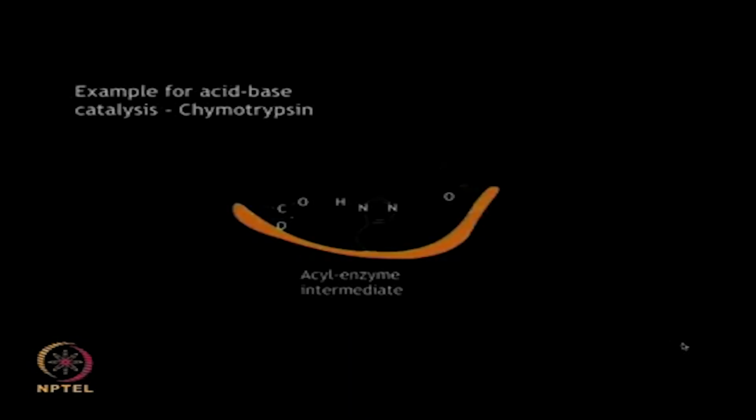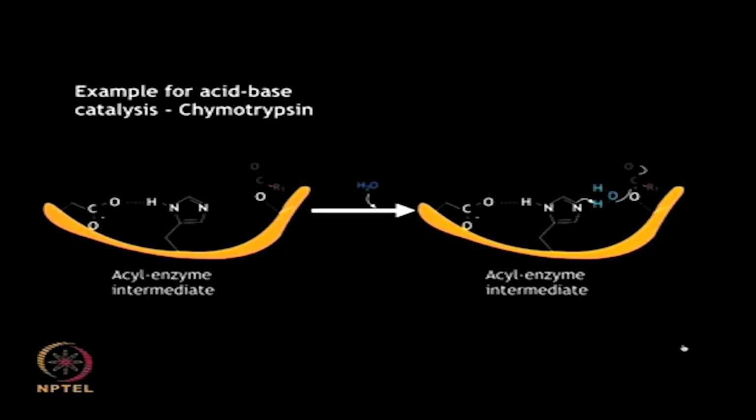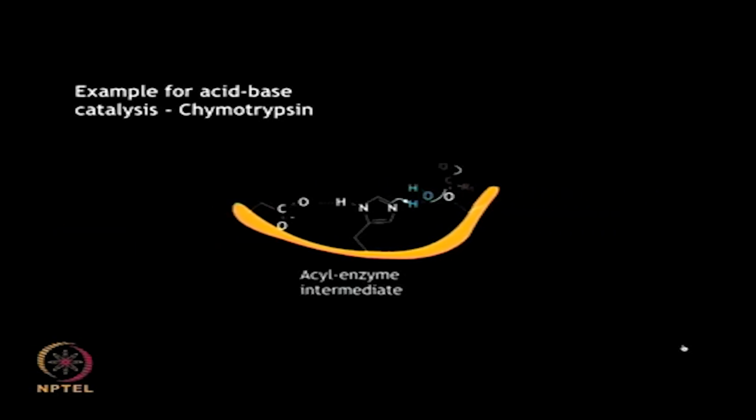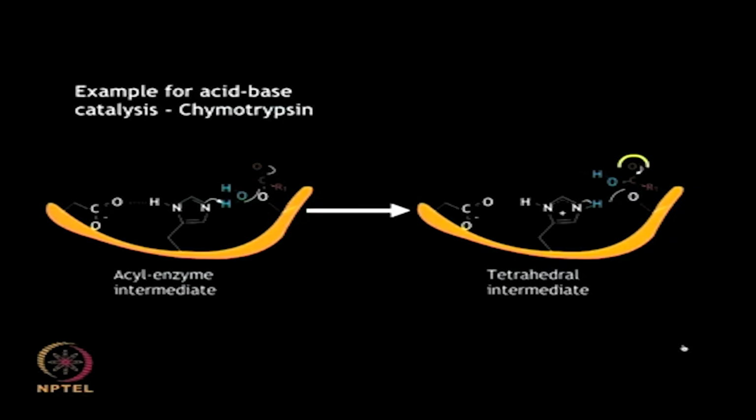Once the amine group leaves the enzyme's active site, it is replaced by a molecule of water, which carries out hydrolysis of the ester group of the acyl enzyme intermediate. The mechanism for hydrolysis proceeds via formation of a tetrahedral intermediate with histidine acting as a general acid catalyst and the negative charge on oxygen being stabilized by residues in the oxyanion hole.